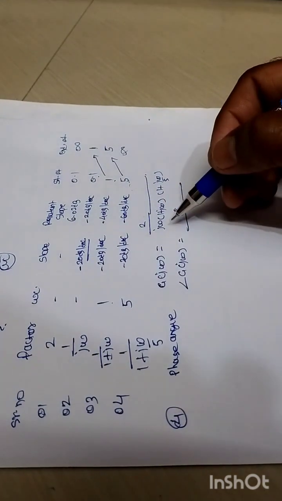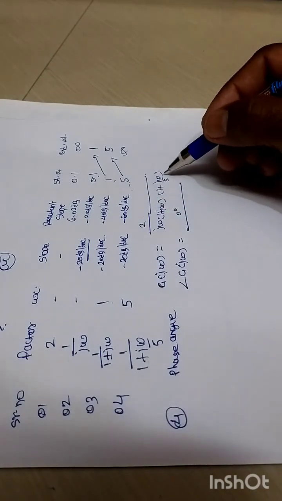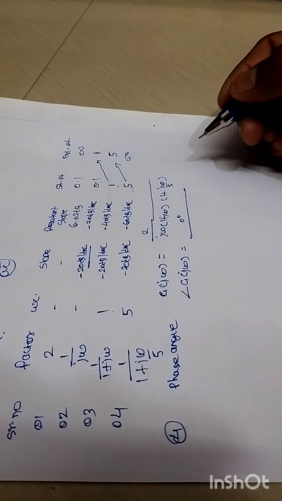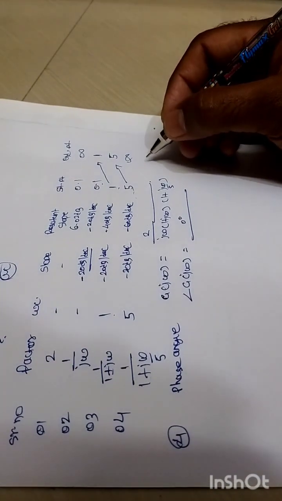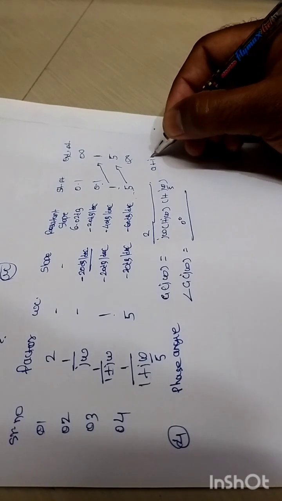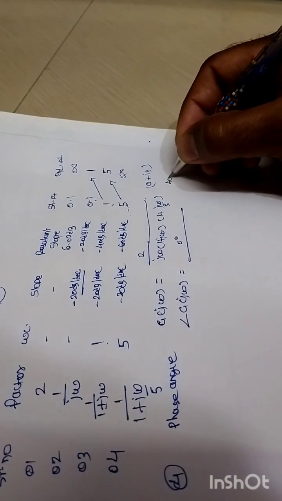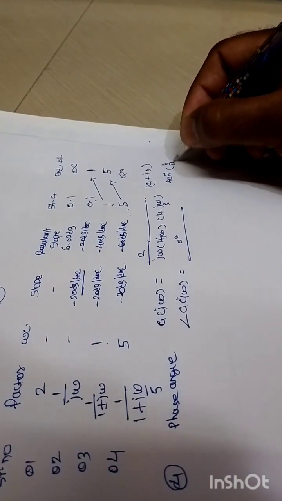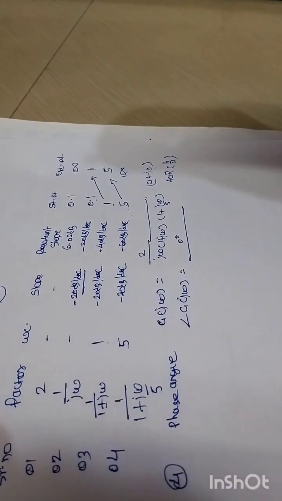So there are 3 terms: 1 over jω, 1 over 1 plus jω, 1 over 1 plus jω divided by 5, right? So whenever that particular frequency term is written in the form a plus ib, its phase angle will be what? Always remember that it is tan inverse b by a. This is the real and this is the imaginary part, right?